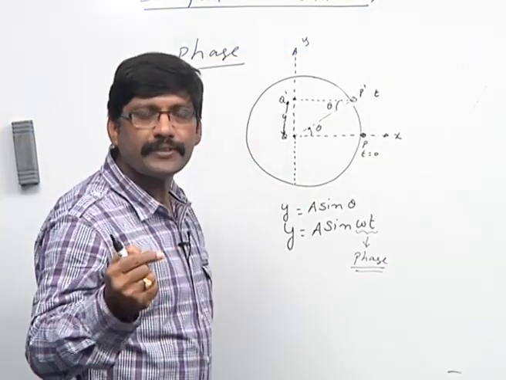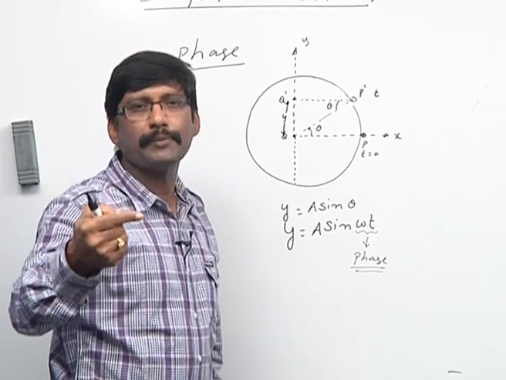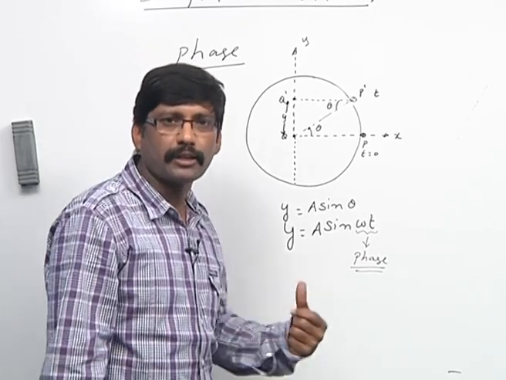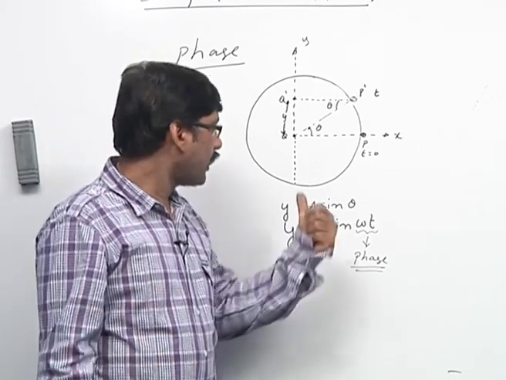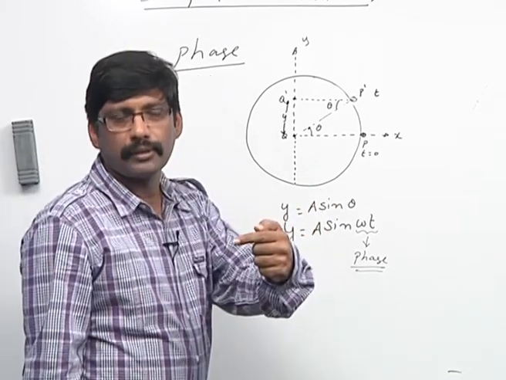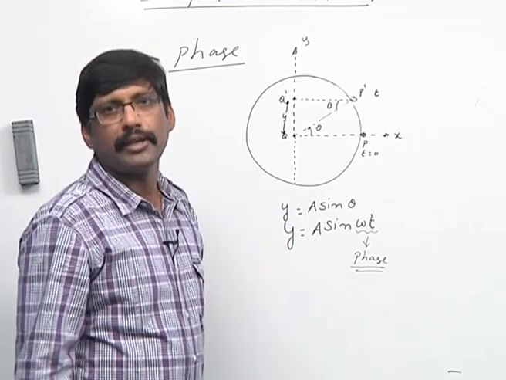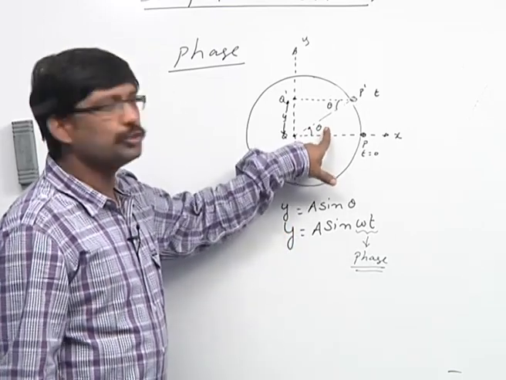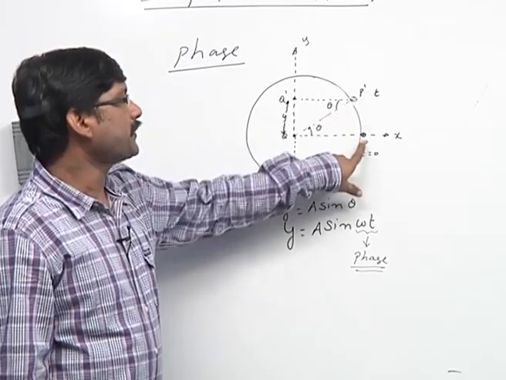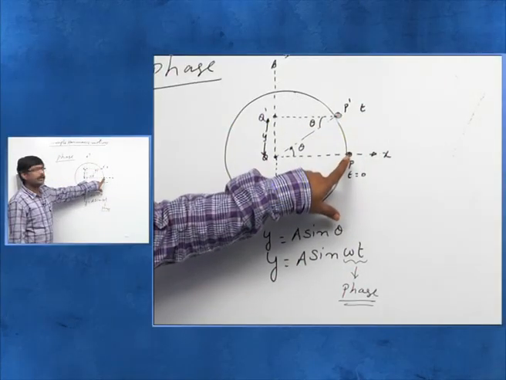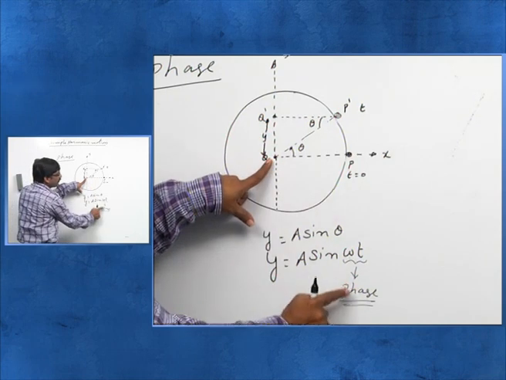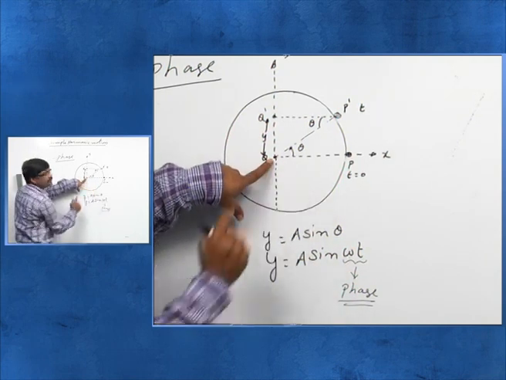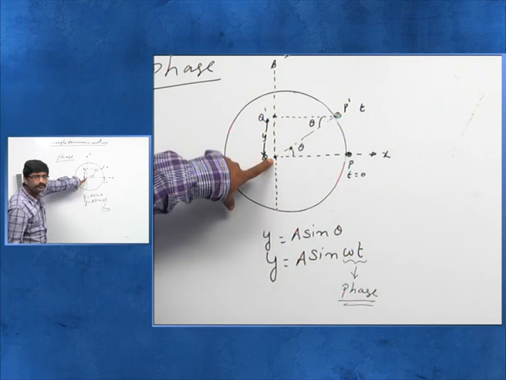Phase is the state of a vibrating particle. If I know the phase, I can find where the particle is when it is oscillating. Let us say theta is equal to 0. That is, P is at this position, and its projection is at Q. That means phase equal to 0 means the particle is at Q, the center of the circle.